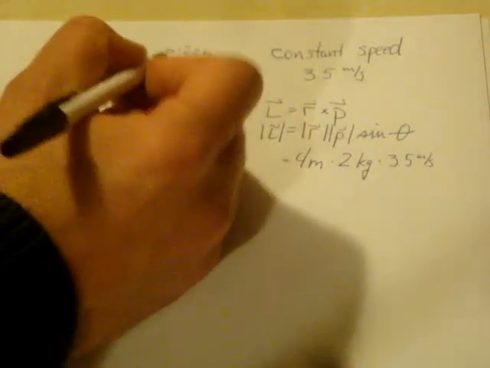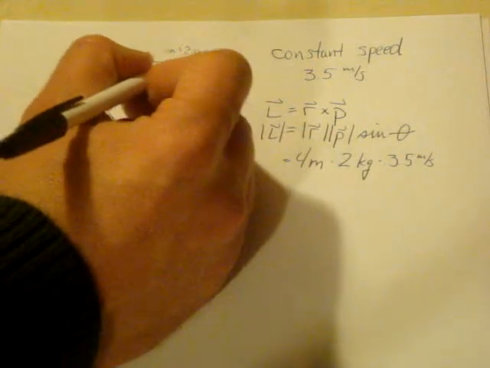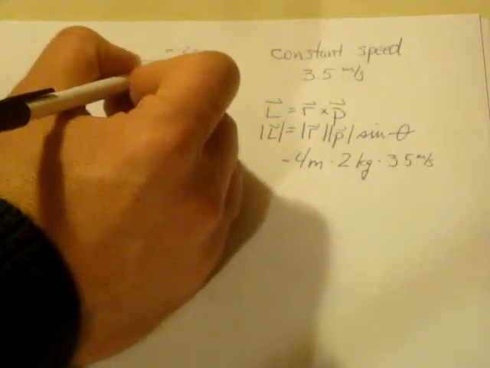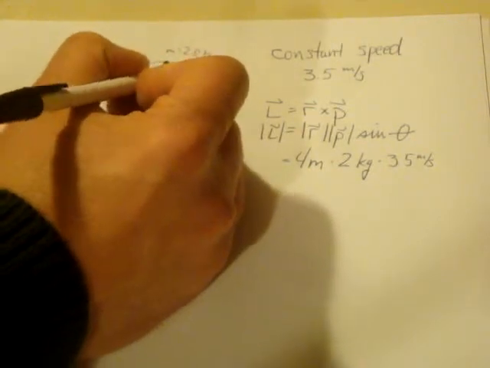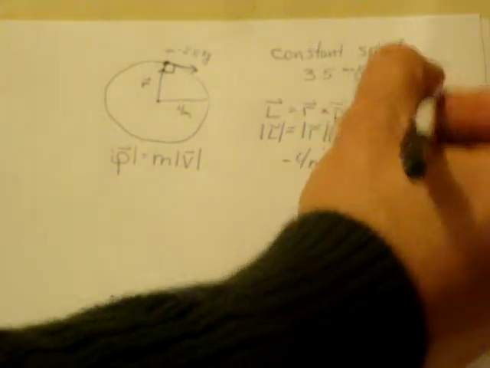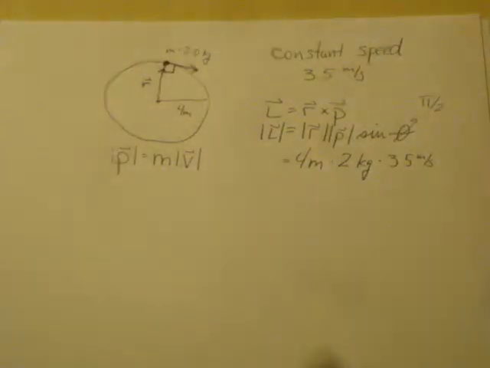Since it's moving at constant speed, its direction is tangent to the radial component, so the angle between the two is 90 degrees, or pi over 2, and the sine of pi over 2 is equal to 1.